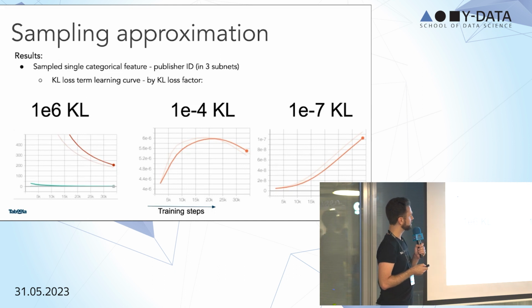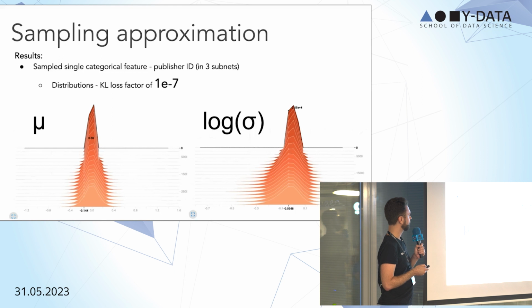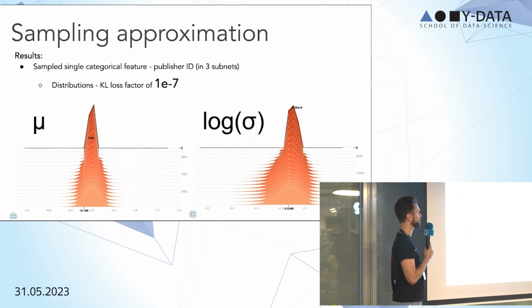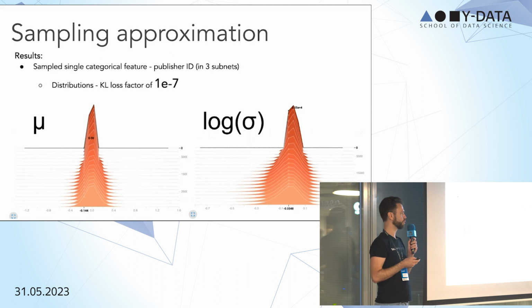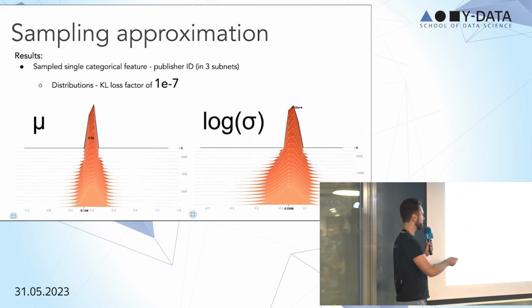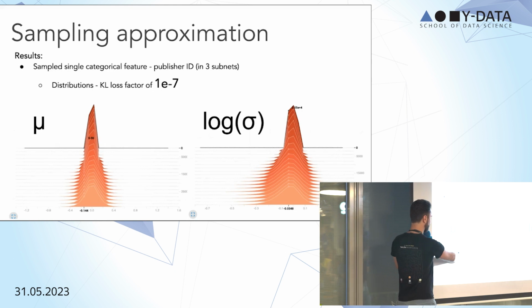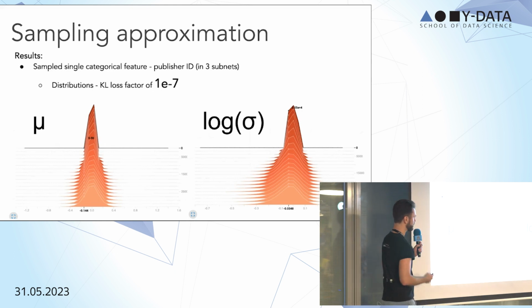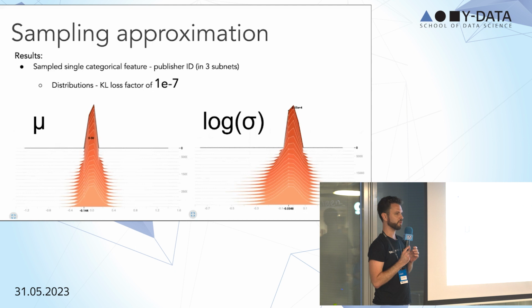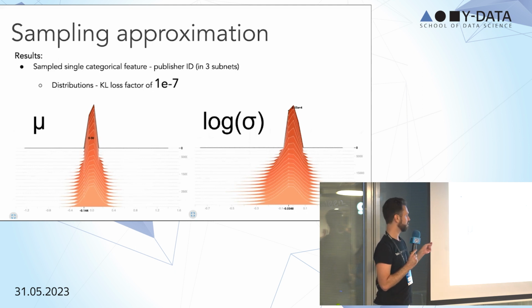We will see the training process in a little bit more detail. Here is the case where the regularization is really small. It's not that important that the distribution be close to standard normal. The z-axis is the training process, so it goes from top to bottom. We can see the distributions of the mean and the log of standard deviation over time.